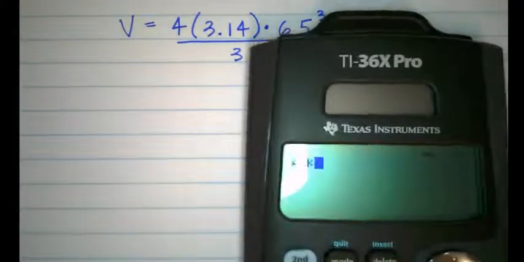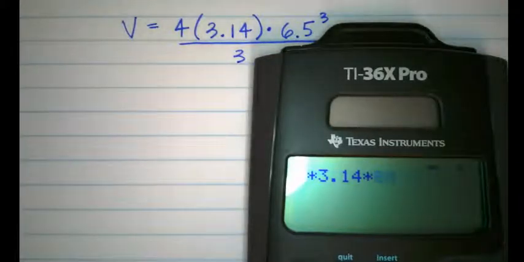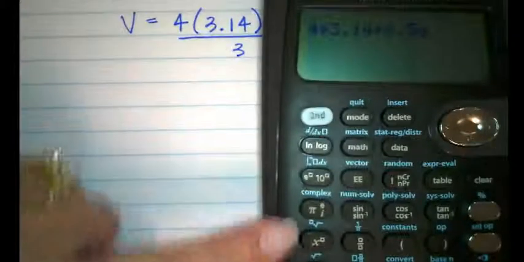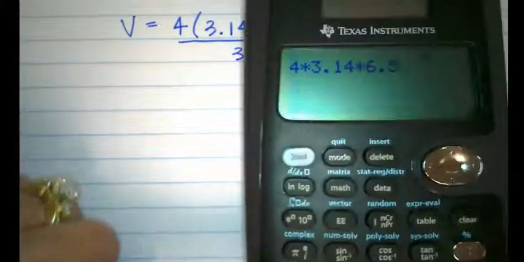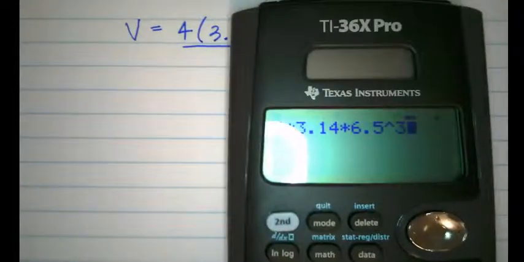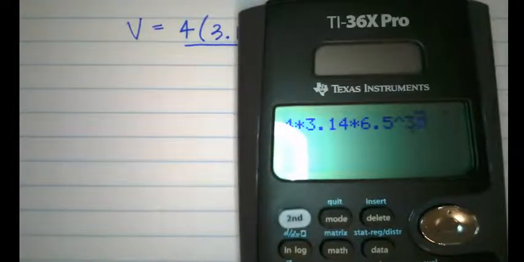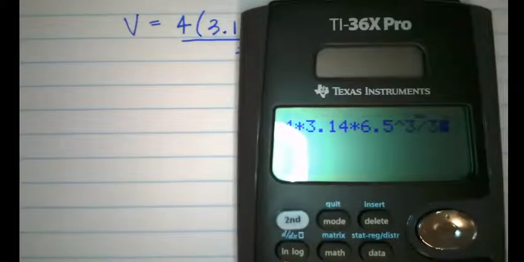So, if you grab the calculator, and again, we can type all of this in just as we've written it here. So, 4 times 3.14 times 6.5, and again, we're going to use this button for the exponent to the 3rd power. And then I need to divide my answer by 3, but then I need to divide that answer by 2.